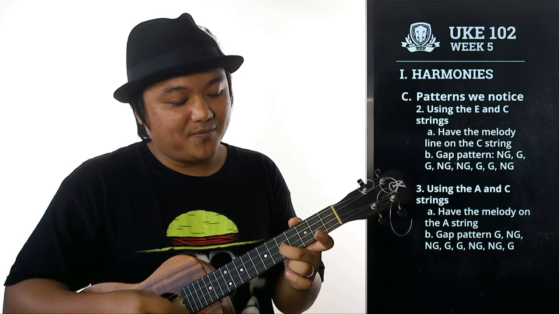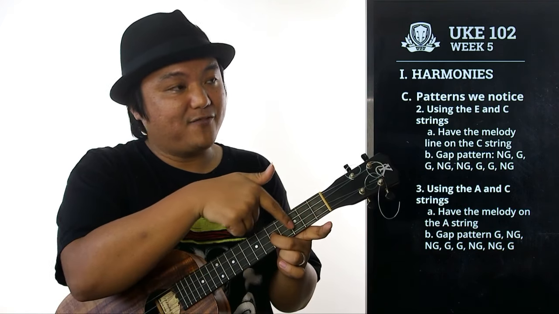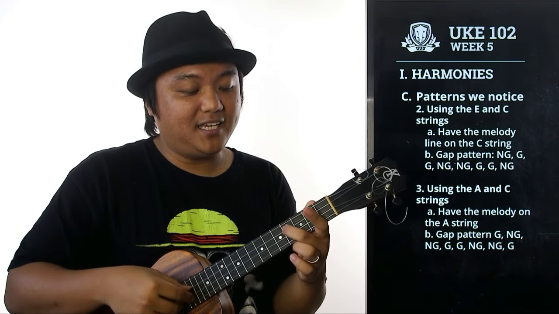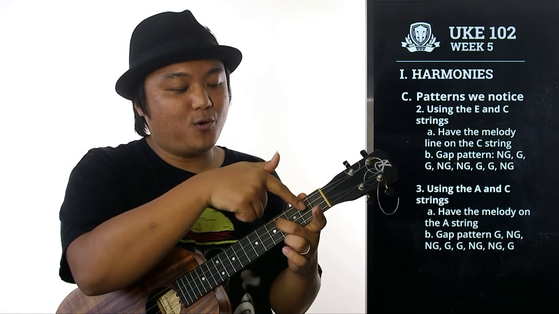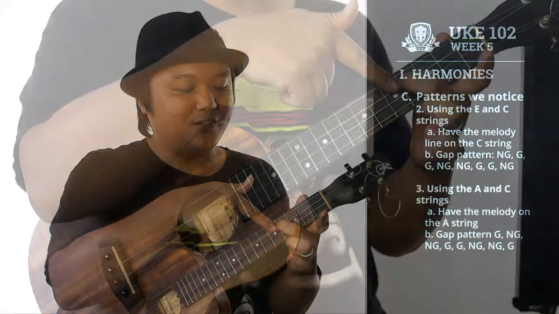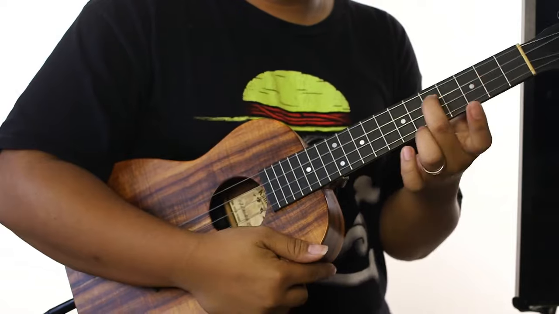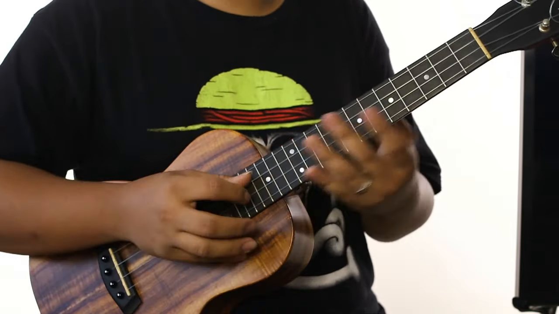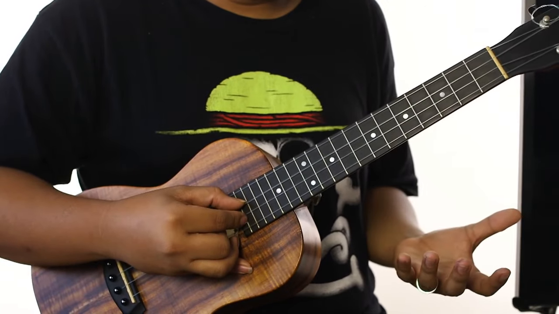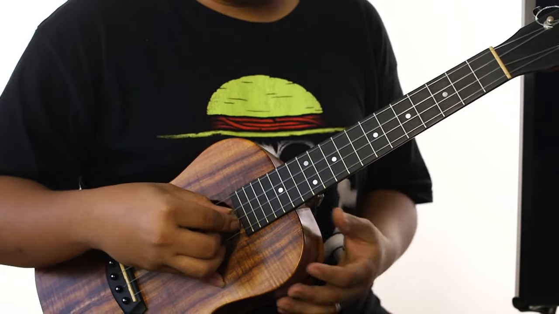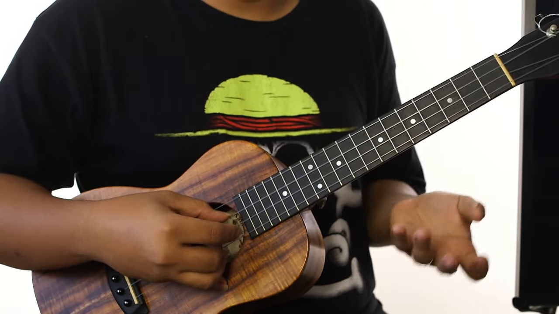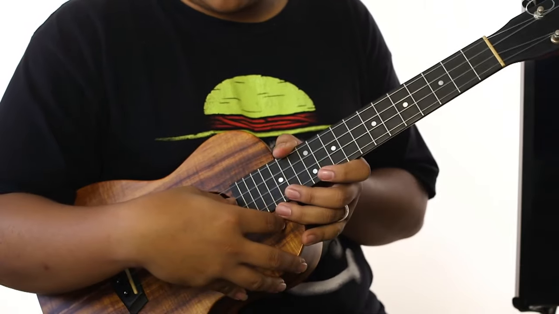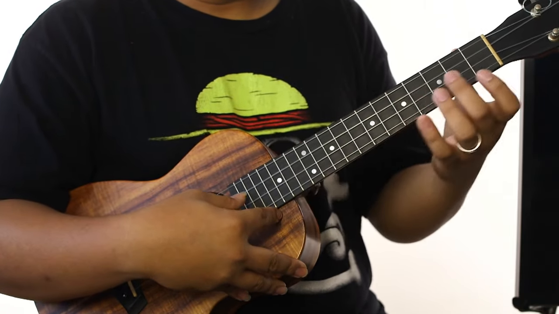E and A is five frets, but C and E are 4 frets. You play C on the 4th fret to tune. That means it's 1 fret behind. So when we now have our no gap, it is seriously no gap because you're playing it in the same fret. So these two, same fret, and then gap.